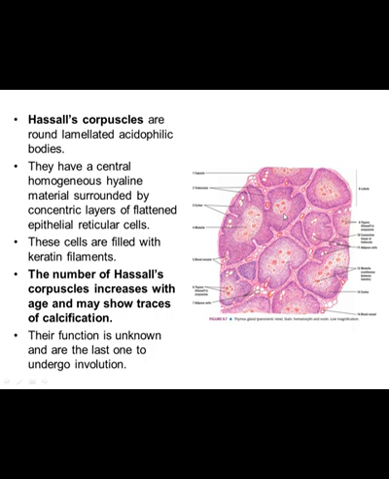These cells are filled with keratin filaments. One important property of the Hassall's corpuscle is that the number of corpuscles increases with age and may show traces of calcification also. Their function is unknown and they are the last to undergo involution.